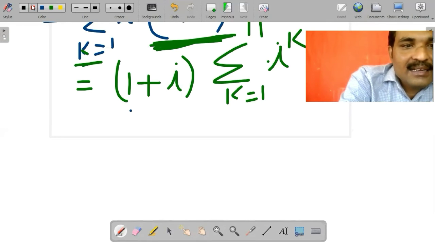Now we can write this is equal to 1 plus iota, right?